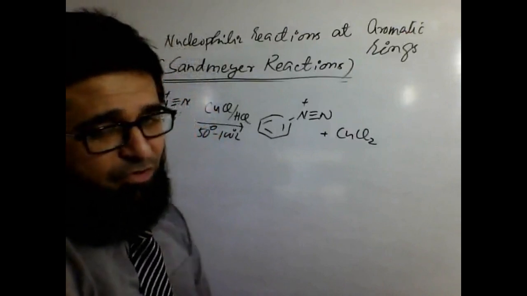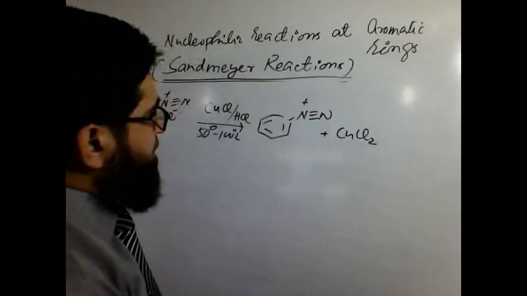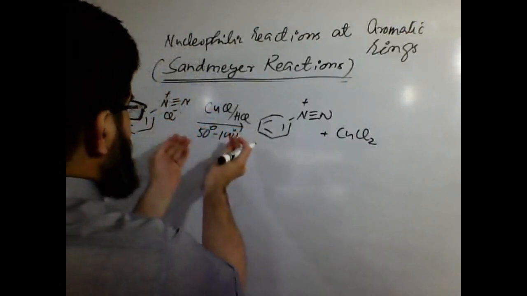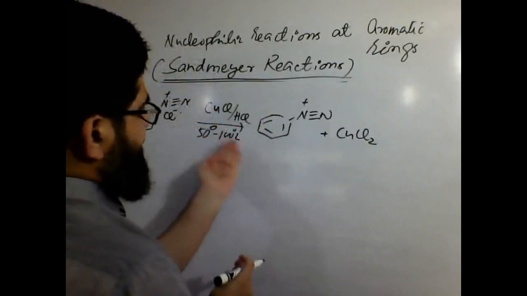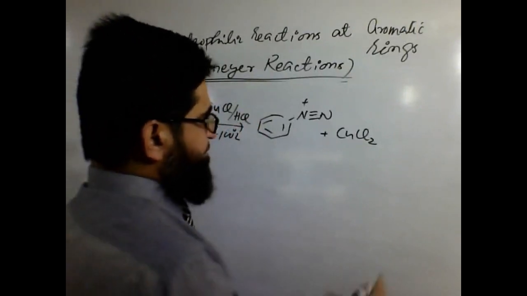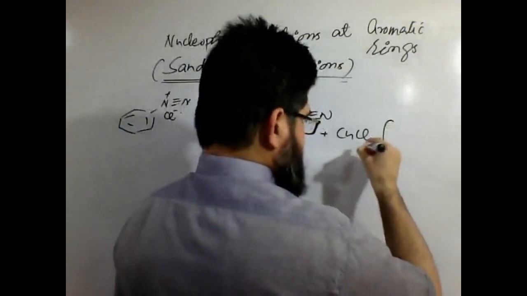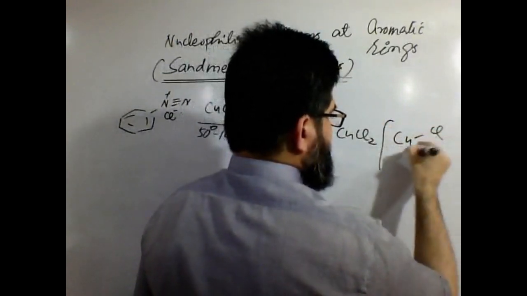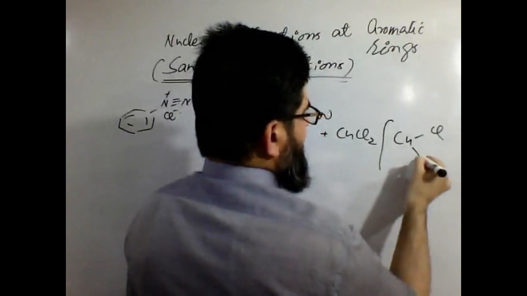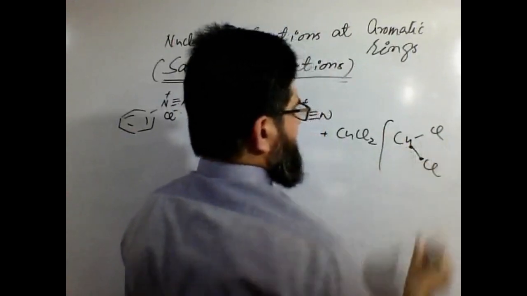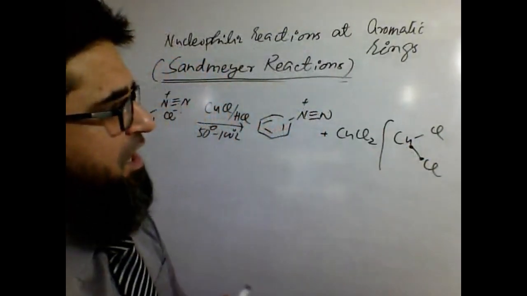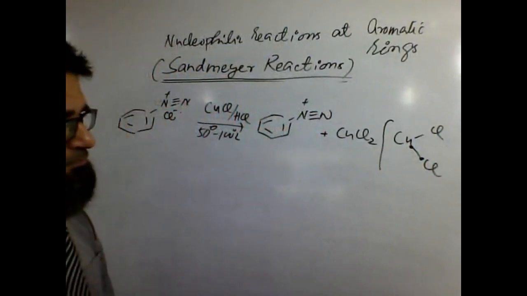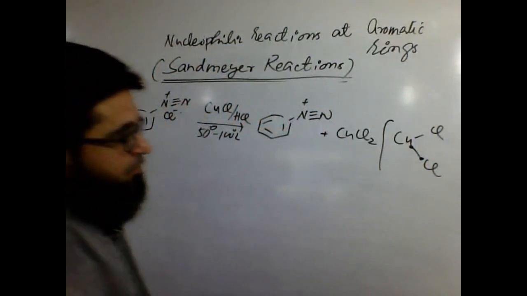Cuprous chloride has been formed when the reaction is carried out. What happens in fact? This cuprous chloride undergoes a homolytic bond breakage.